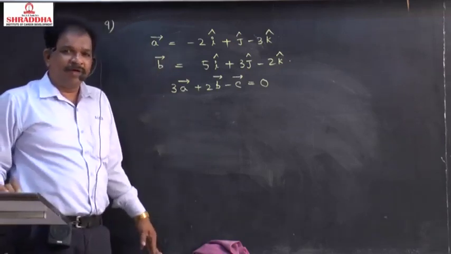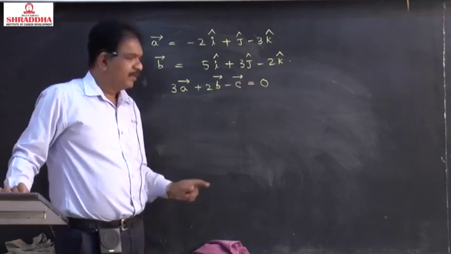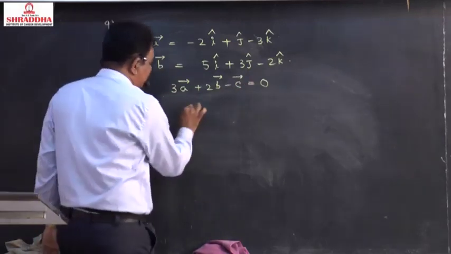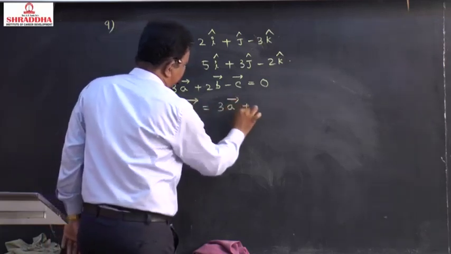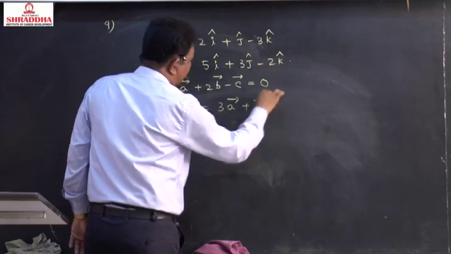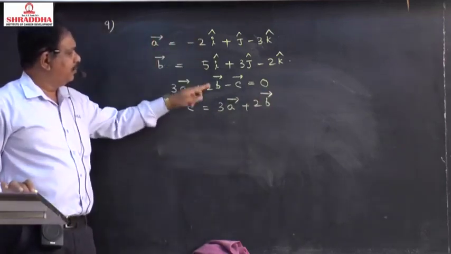Then what is the C bar value? Bring this C bar to this side. Then C bar is equal to 3A bar plus 2B bar. Clear? A we know, B we know.